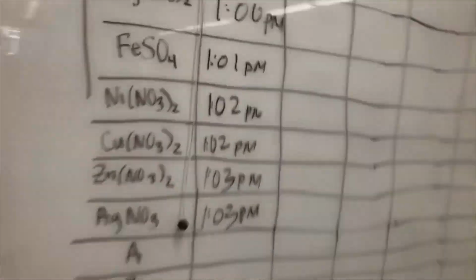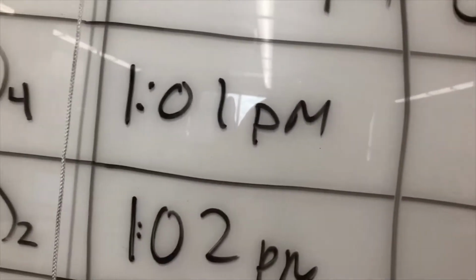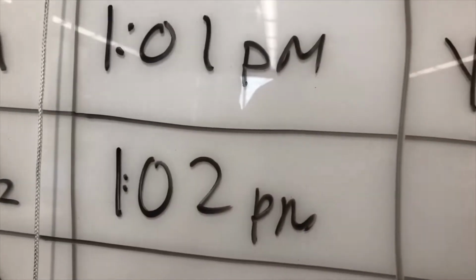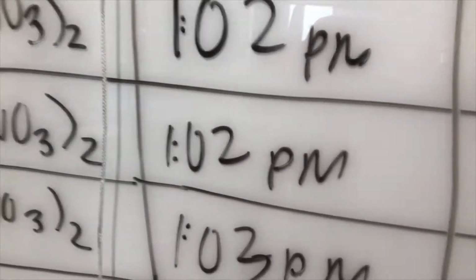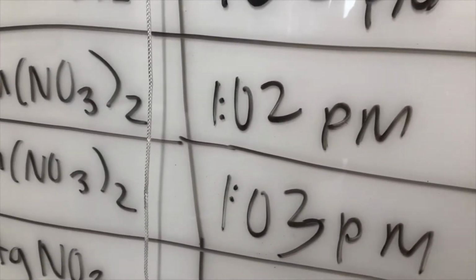That was after about 3 minutes, when I just started recording. Potassium nitrate is clear, magnesium nitrate clear, iron sulfate yellow. So again, these are all negative, negative, negative. Nickel nitrate clear, so negative. The copper nitrate was pink, so positive.